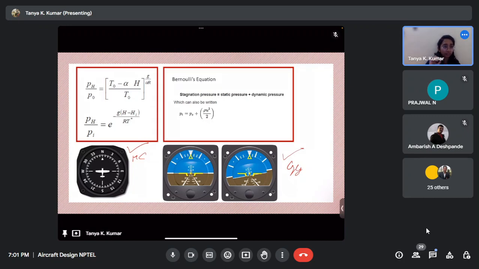So delta E deflection is the deflection of elevator. That only contributes towards changing the pitch angle. That is the control of the aircraft. That's when the pilot wants to change the pitching angle. So it does not contribute towards stability. It contributes towards controlling the aircraft.